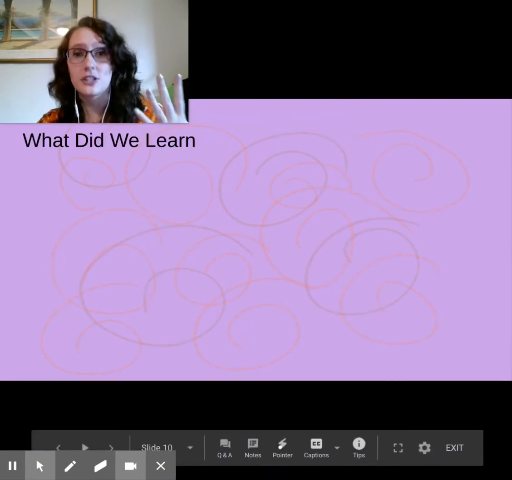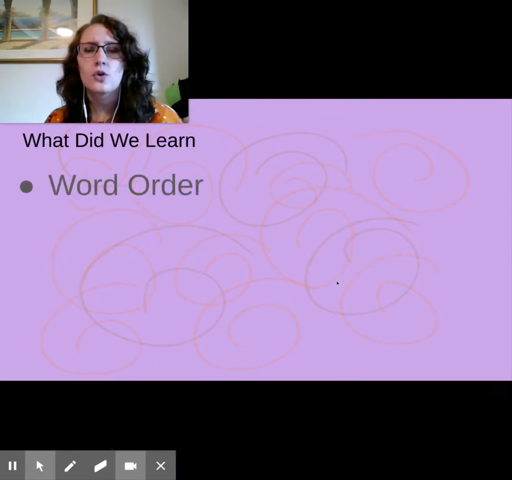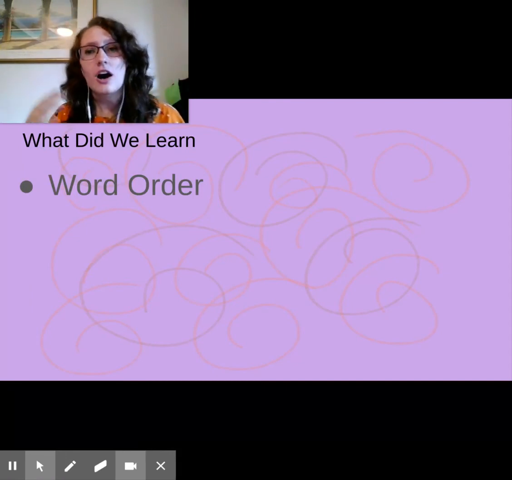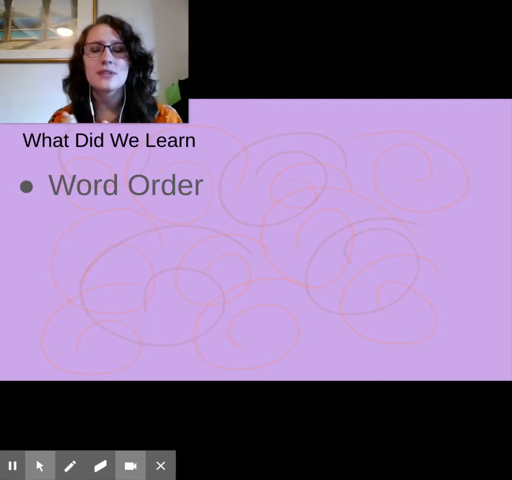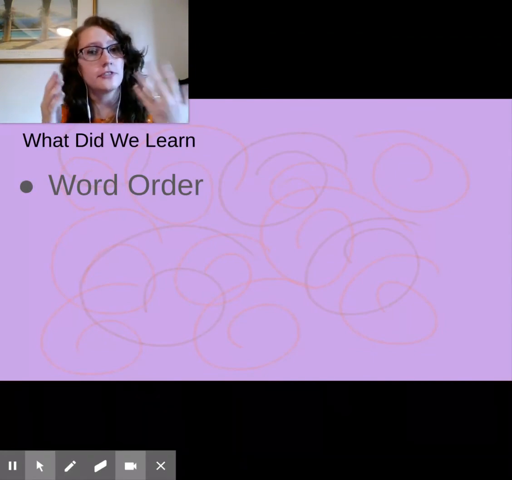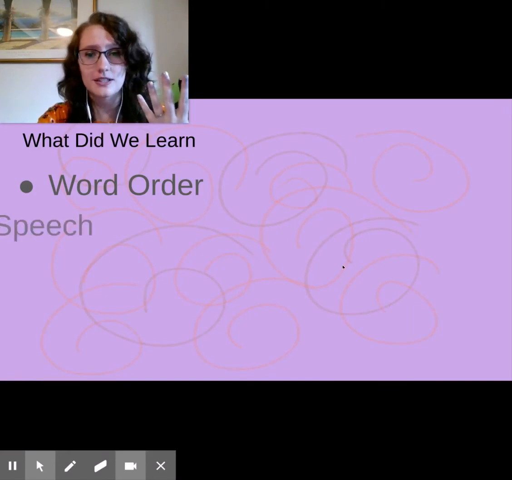So let's talk about what we learned today. One, word order. Latin doesn't have one. It commonly uses a subject, direct object, and verb form, but it's not always there. And because of that, they have the case system. The case system are just different terms to refer to different parts of speech.